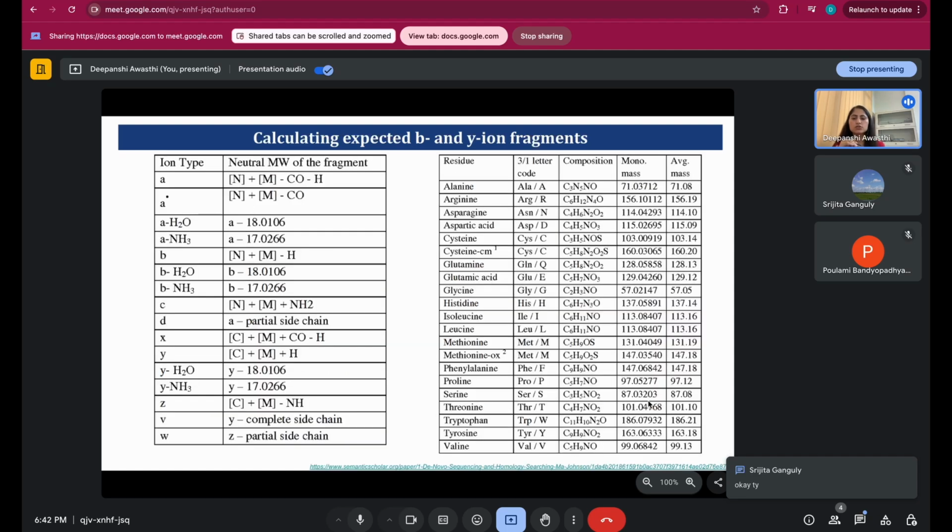Okay, now this is also another table, which is just for your reference, so whenever you observe the spectra, you can easily compare and identify what the mass would be. I have also given the composition so that you can understand how this variation in the composition is affecting the mass.